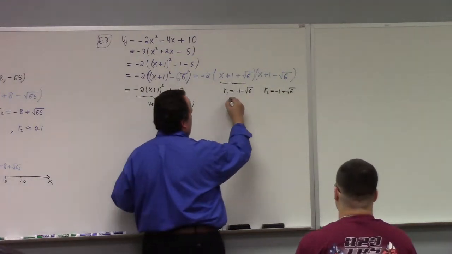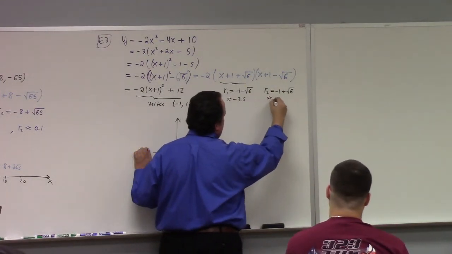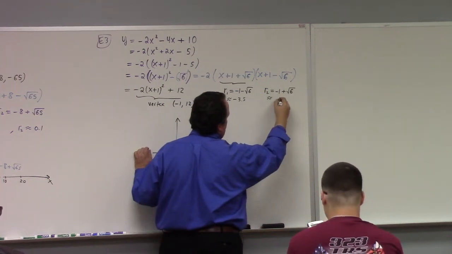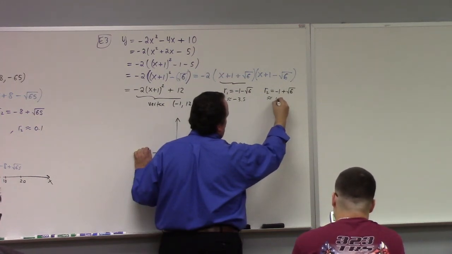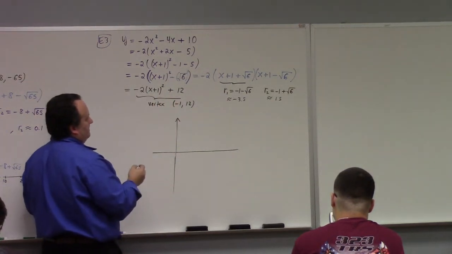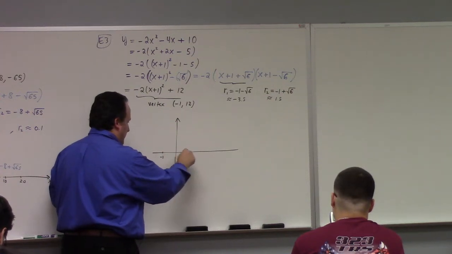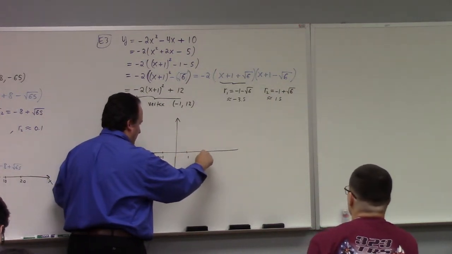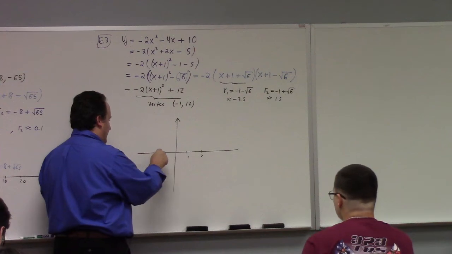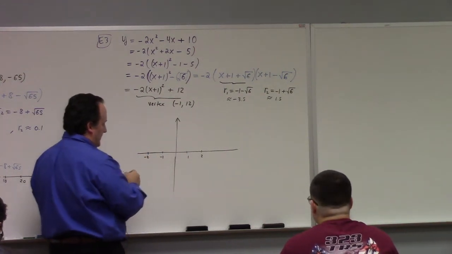This is approximately minus 3.5. This is approximately 1.5, I think. So here's minus 1, here's 1, 2.45. Aha, I was right, kind of. I mean, close anyway. Minus 2, up to the limits of my artistry anyway.